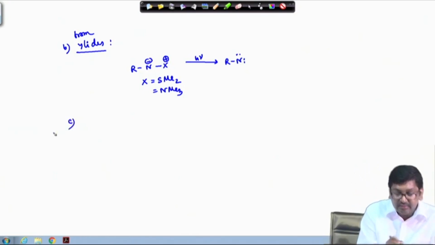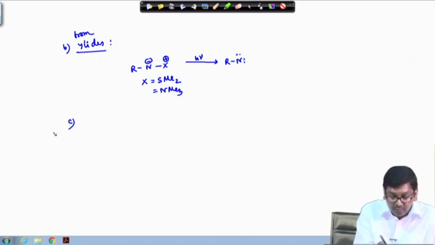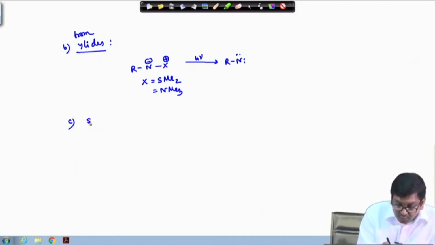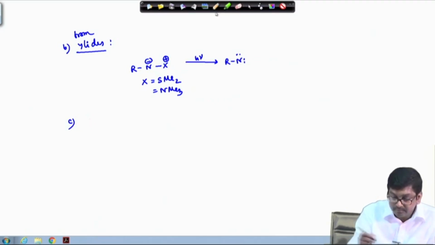Another precursor for the synthesis of these nitrene species could be the small rings. So, from small rings.